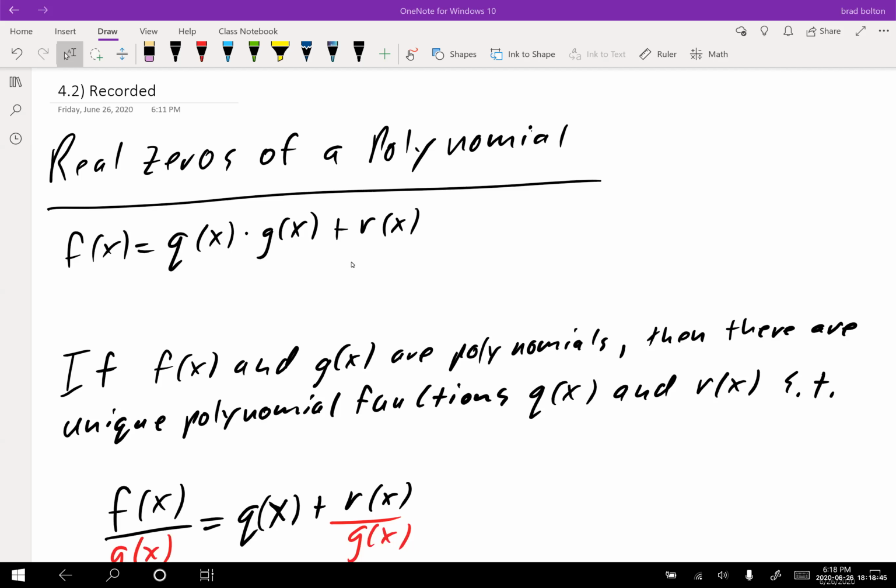Okay, so we're just going to think about the fact that f of x can be written as q of x times g of x plus r of x. So if we look at this formula right here, we have f of x equal to this. Normally we consider r of x the remainder, but let me just show you what it does here.